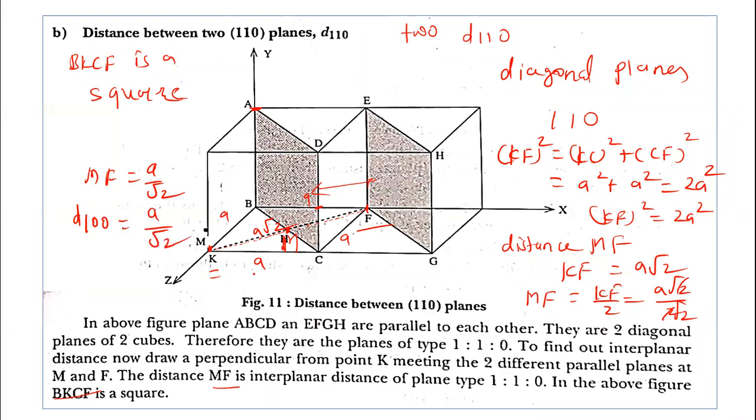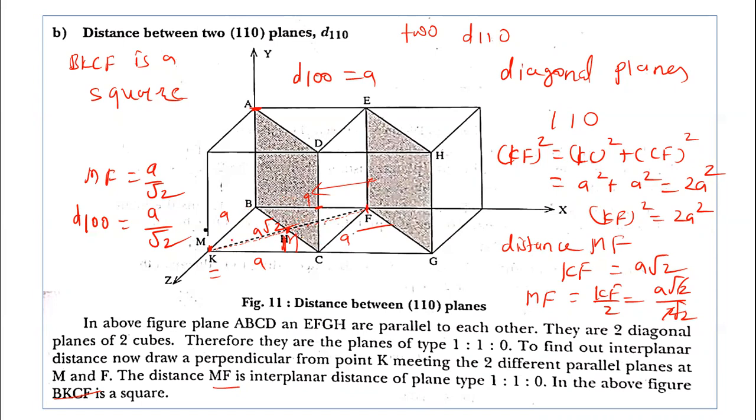Okay, so try to understand this. Previously we found D100 is equal to A. That is very simple, there is no geometrical arrangement we have to do. But in this case, we have to do some geometrical arrangement. MF is the interplanar distance here. To find MF, first of all, we consider this square BKCF, and in that square KF is the diagonal.